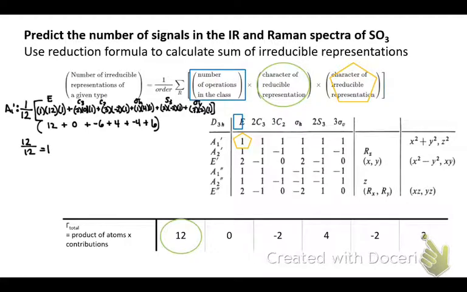That means that there is one A1 prime that needs to be part of our reducible representation. So one of the irreducible representations is A1 prime. Now, we're going to work through each of the irreducible representations. So go through each row and do the same analysis. Pause here and see if you can work through the same thing.